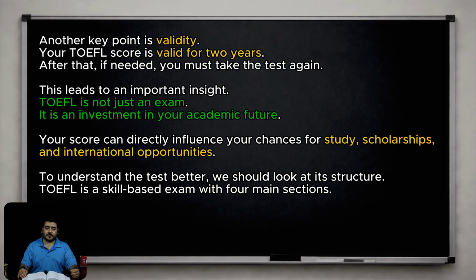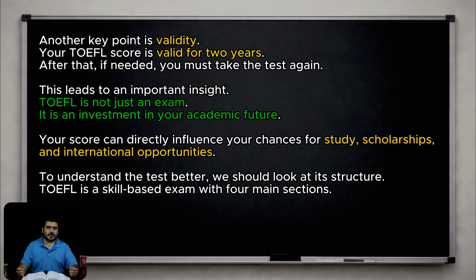Another key point is validity. Your TOEFL score is valid for 2 years. After that, if needed, you must take the test again. This leads to an important insight. TOEFL is not just an exam. It is an investment in your academic future. Your score can directly influence your chances for study, scholarships, and international opportunities.